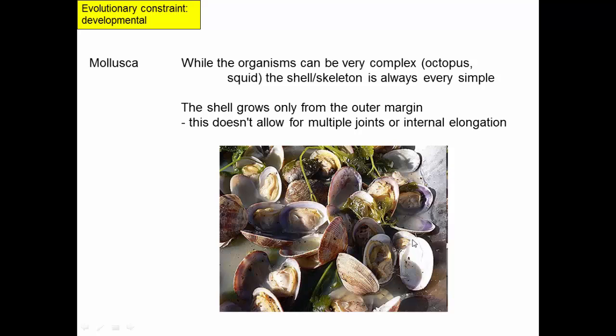So the process of development of the shell has limited this aspect of mollusks dramatically, but there's no similar constraint on the development of the fleshy part of mollusks, so you get very complicated squid, octopi, and other mollusks where the shell is very small and it's the fleshy part that's doing most of the interesting evolution.